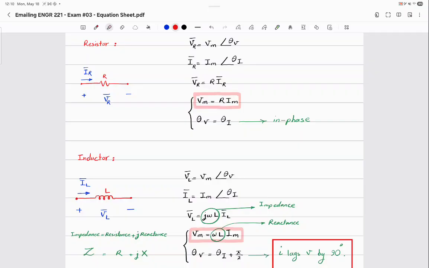For an inductor, what is the impedance of an inductor? J omega. What is the impedance of a capacitor? Negative J over omega C. What is the impedance of a resistor? R. And what is the imaginary part of impedance called?